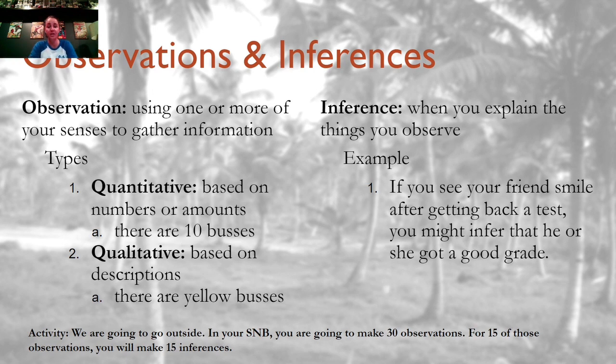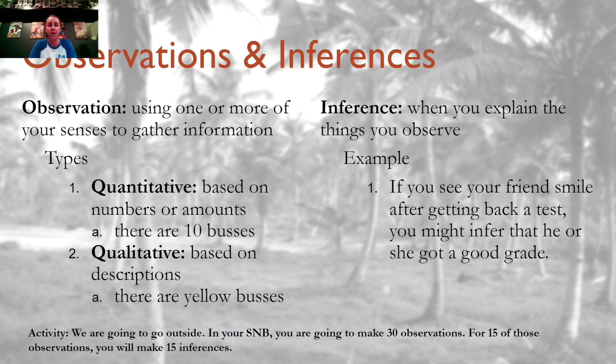Once you see, hear, smell, taste, touch, whatever your observation is, you can then take that observation and that data and try to infer why you are seeing or hearing or tasting or touching or smelling what you are. So it's trying to explain what you just observed. And we do this all the time.